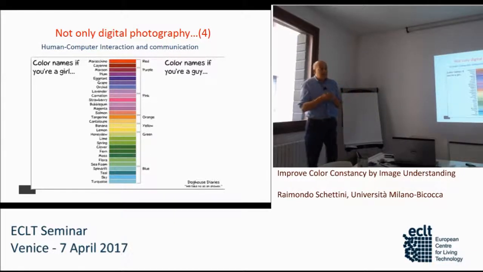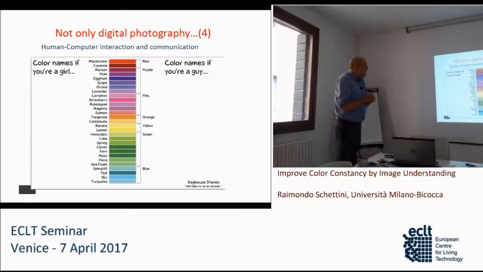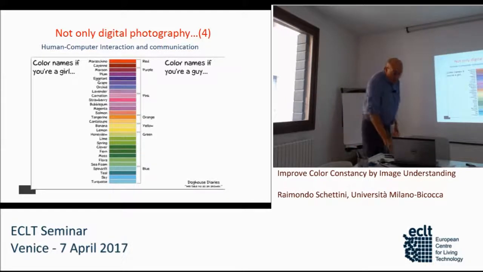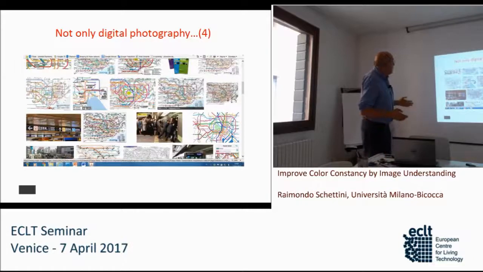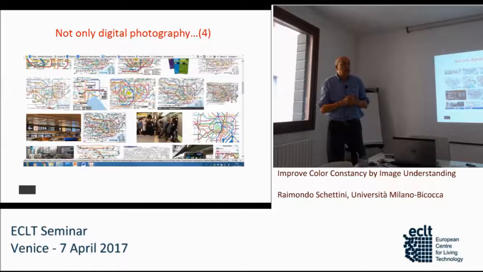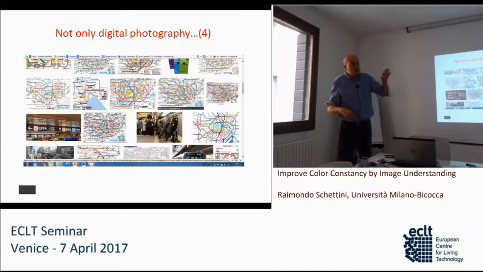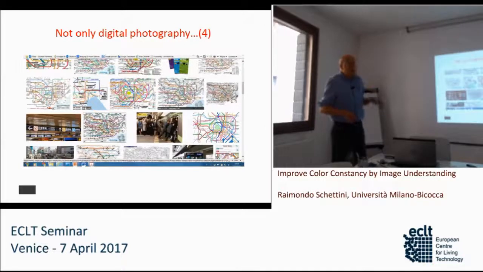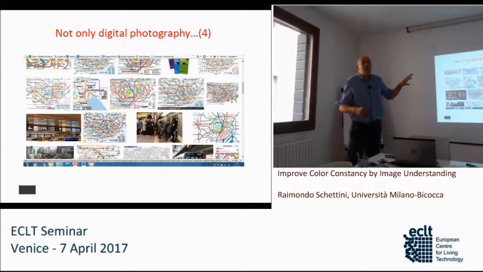Another possible application is in the framework of human-computer interaction. Do you like this slide as much as I do? Because, for example, if you want to build something that recognizes the signs in the metro line, and the metro line is not like in Rome or Milano, where there are just a few, but you are in Tokyo, obviously you want to be sure that the colors will be the same.